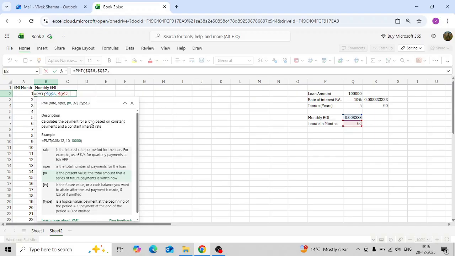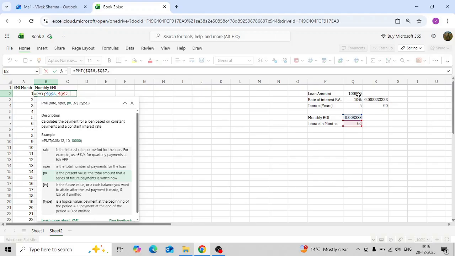Then what is the next component? It's the present value. A present value means the loan that you have taken. Why is it a present value? Because it is the amount which is worth how many monthly EMIs we are making. So the present value is the total amount that a series of future payments is worth now.